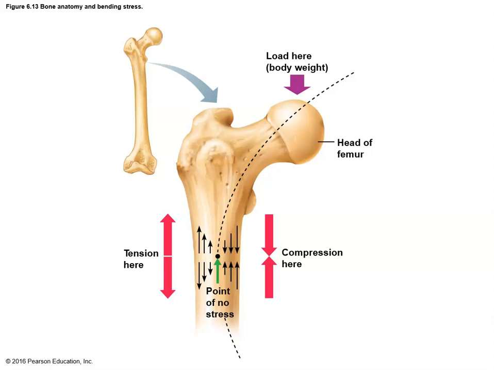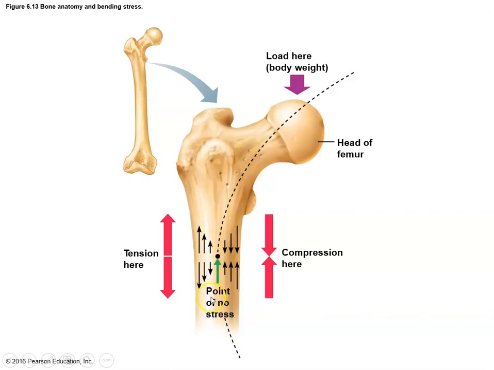So it's really pretty sturdy considering its size and mass. But an interesting thing about the femur is that the body weight is placed here on the head of the femur. The actual load-bearing part of the bone here is the diaphysis, the shaft of the bone.